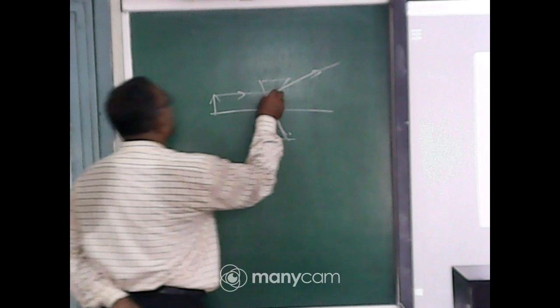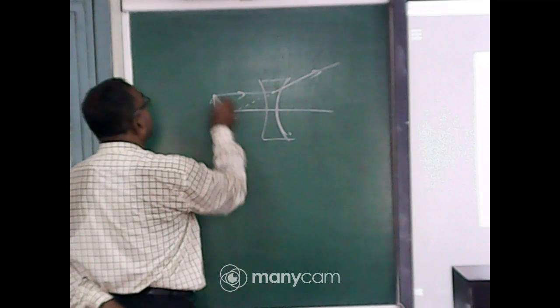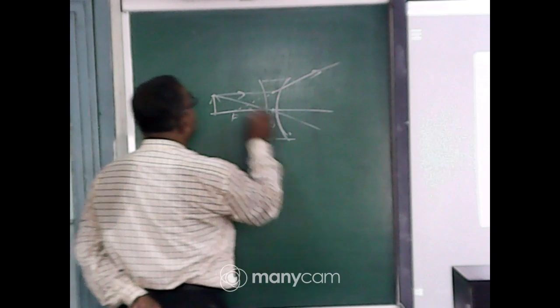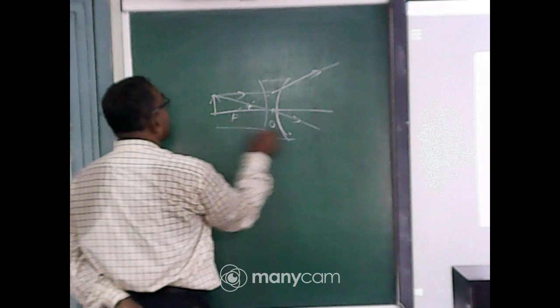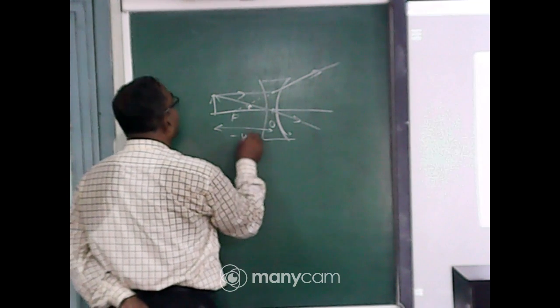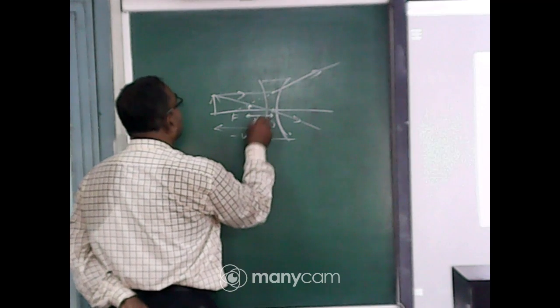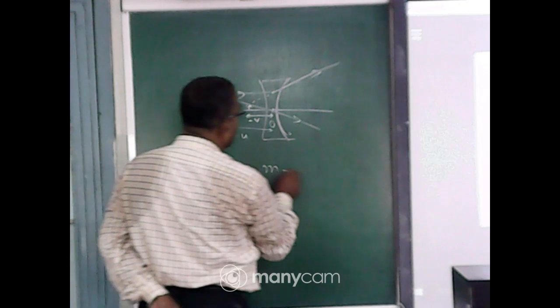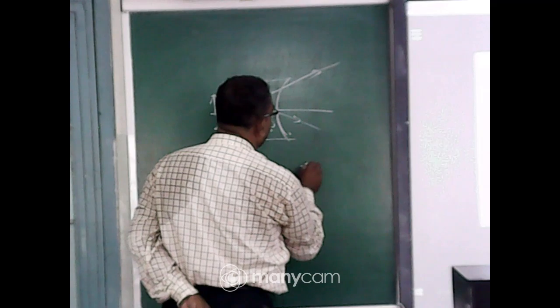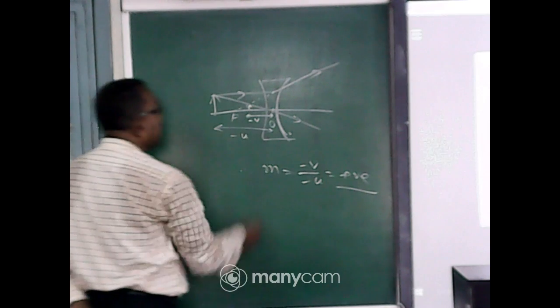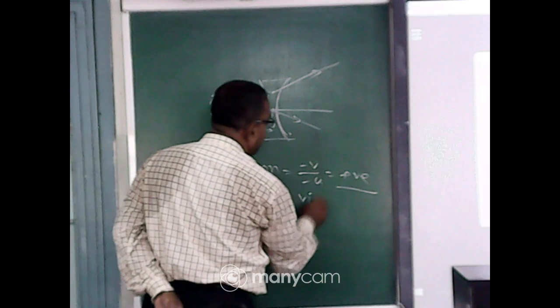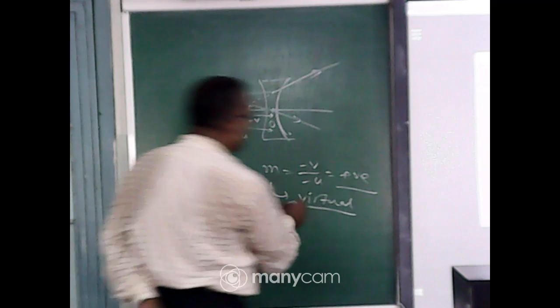One ray is coming from F, another is passing from the optical center. The image will form here. So this distance is the U, that distance is the V. So M equal to minus V by minus U. That means positive. Okay.